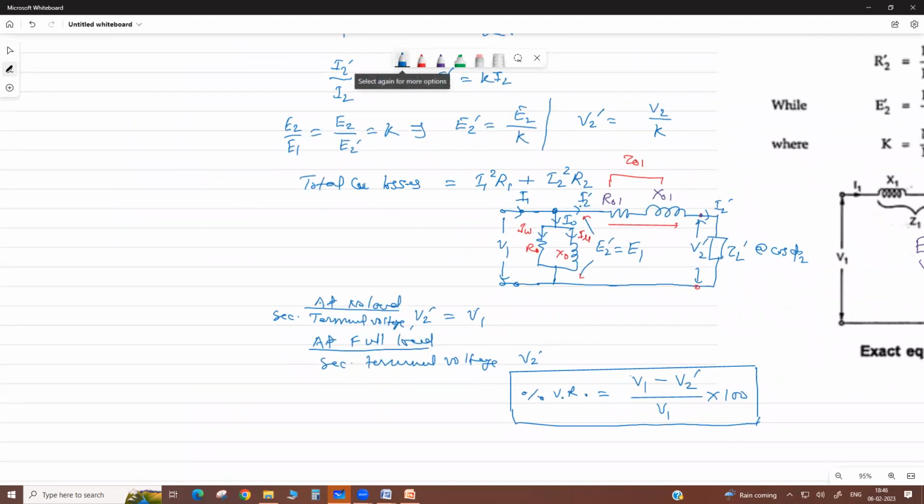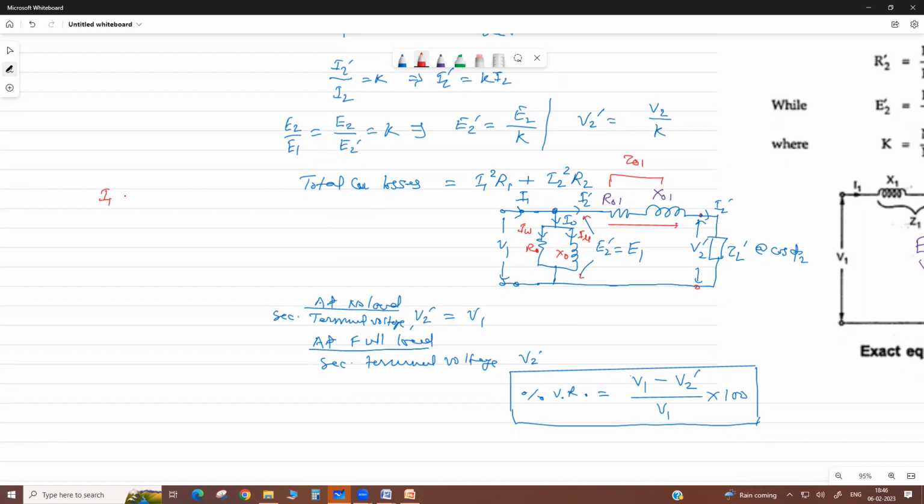Now as referred to this equivalent circuit, what is the total copper loss? The total copper loss is I1 square R1 plus I2 square R2. It can also be represented as referred to primary. What is the load current of the transformer? If we neglect the magnetizing branch, then I1 equals I2 dash.